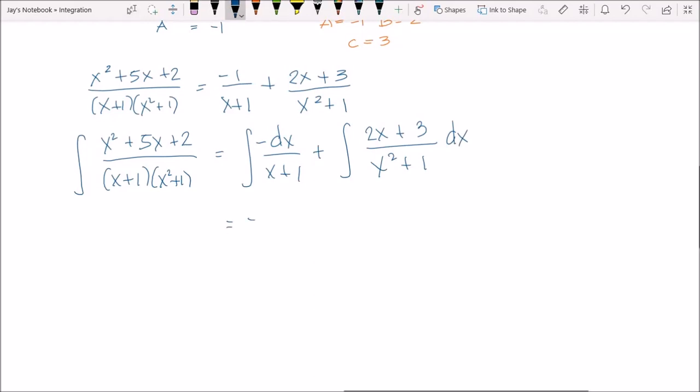Negative, that is the natural logarithm of x plus 1, plus c.